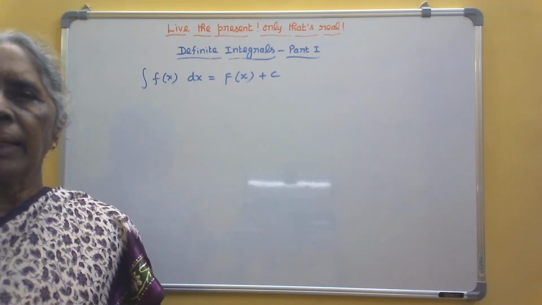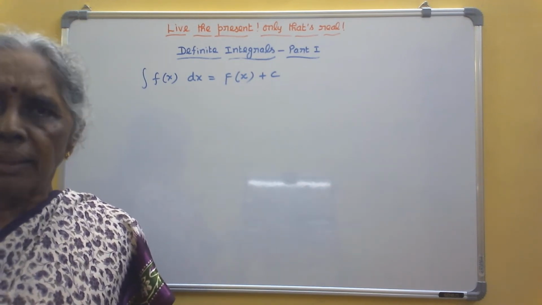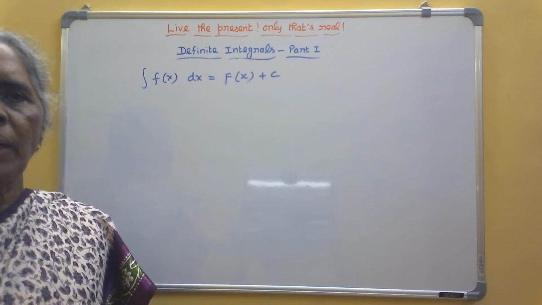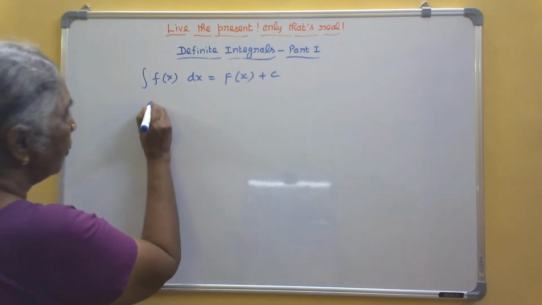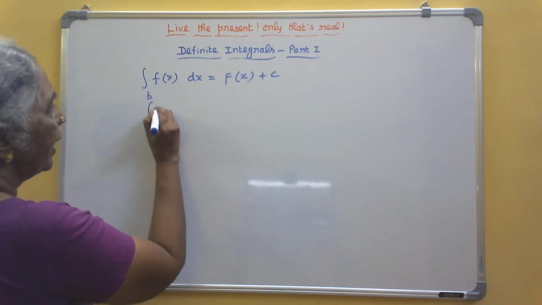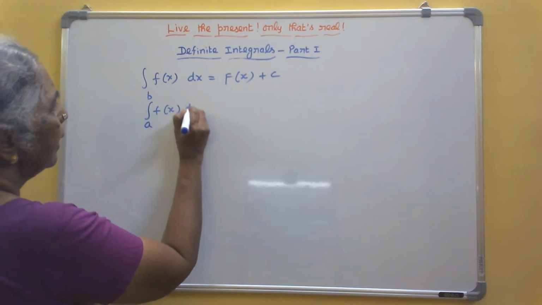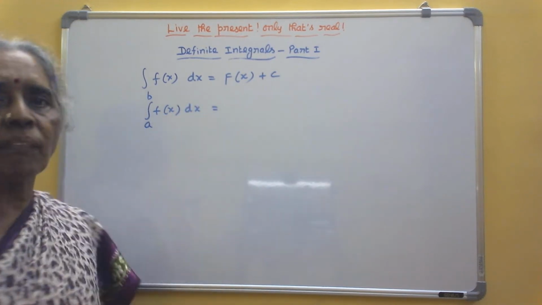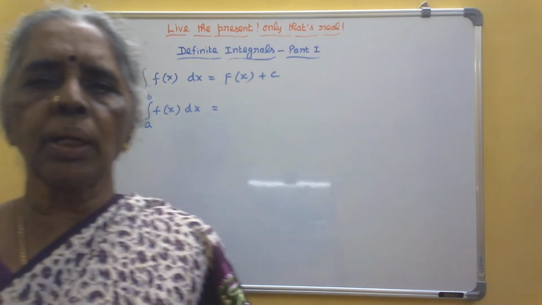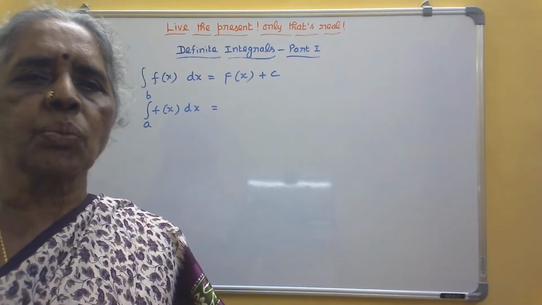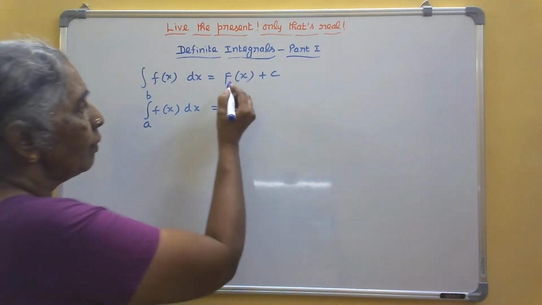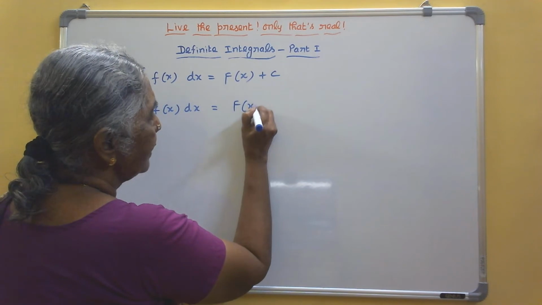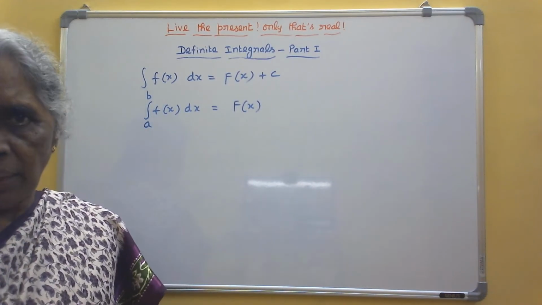Now, in definite integrals, in the sum itself, you will be given two limits. You have to read it as integral a to b f of x dx. A is called the lower limit and b is called the upper limit. You will be getting that same F of x, but here there is no C.